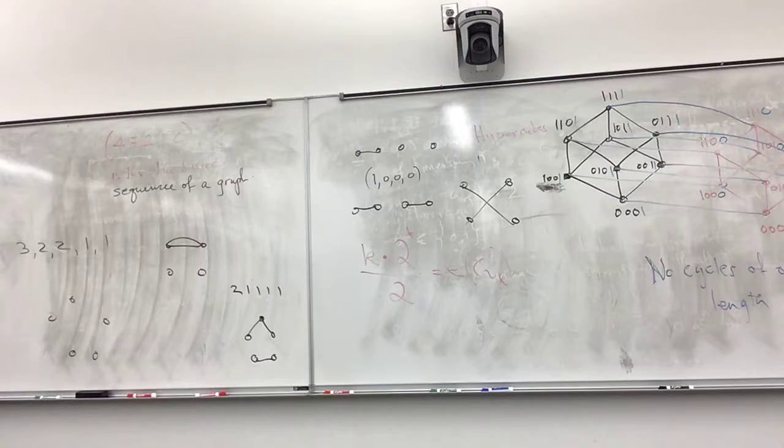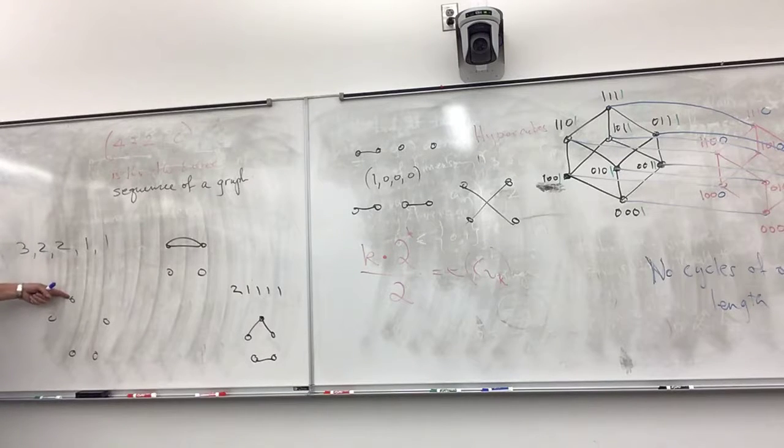Why? This is great. Okay, can you say that louder? Because there's 5 vertices, and there's a vertex of degree 4. And it's a graph, not a multigraph.